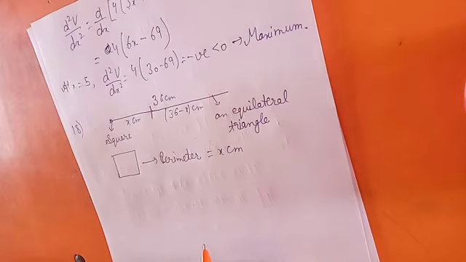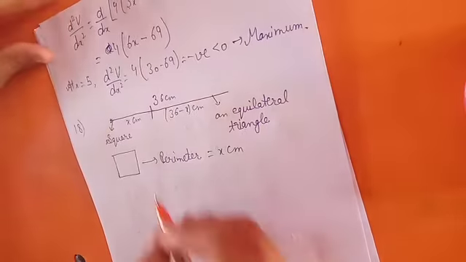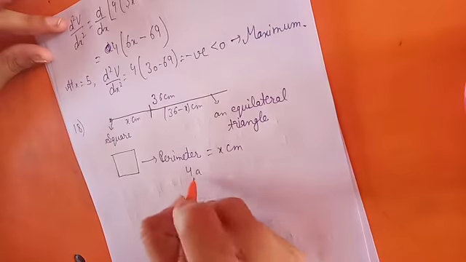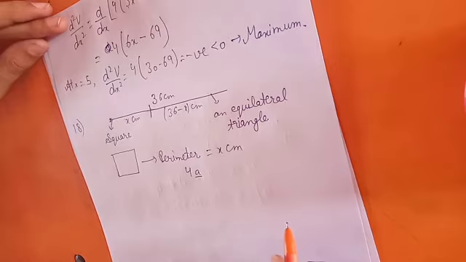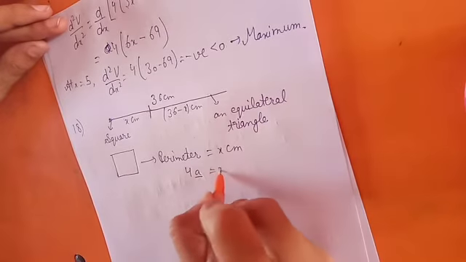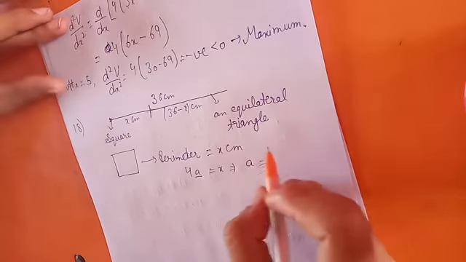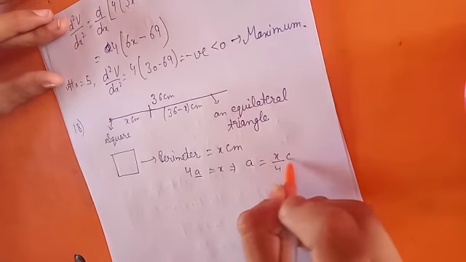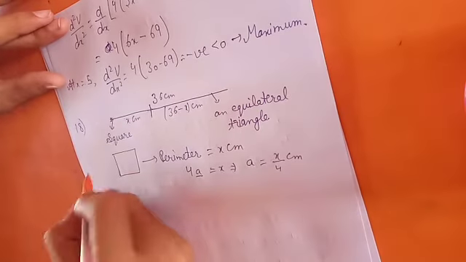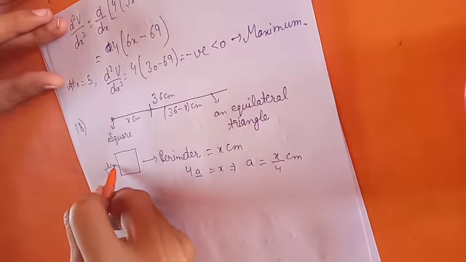But what is the general formula of the perimeter of a square? 4 into side. I can assume a as the side, that will be equal to x. So from here I get a, the side of the square, as x by 4 centimeters.